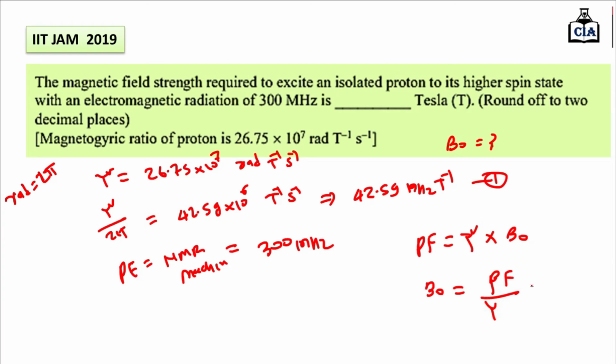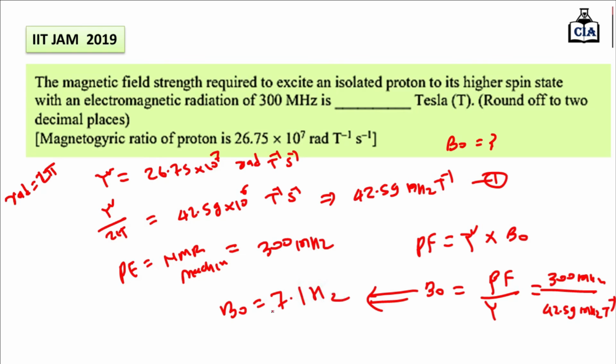If you calculate this value, that is 300 megahertz divided by 42.59 megahertz per Tesla, then we get B naught equal to 7.1 Tesla. So our correct answer will be 7.1 Tesla.